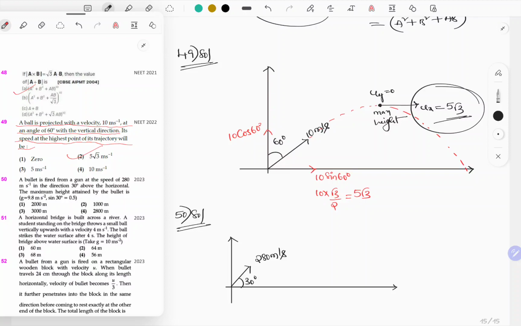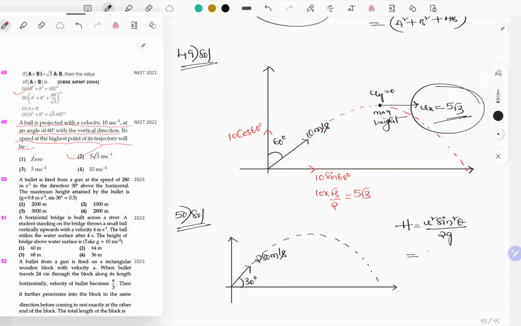The maximum height attained by the bullet is, they are asking. So the formula for maximum height, h is equal to u square sine square theta by 2g. Let me take g value as 10 meter per second square just for calculation, then we can approximate that value.